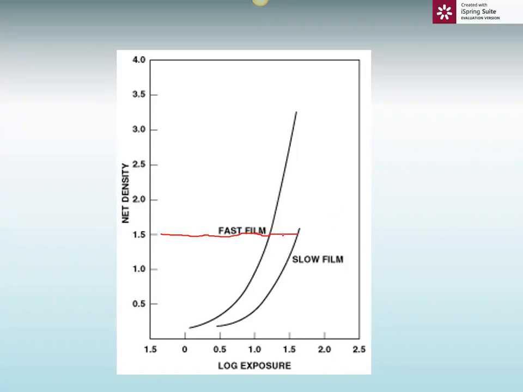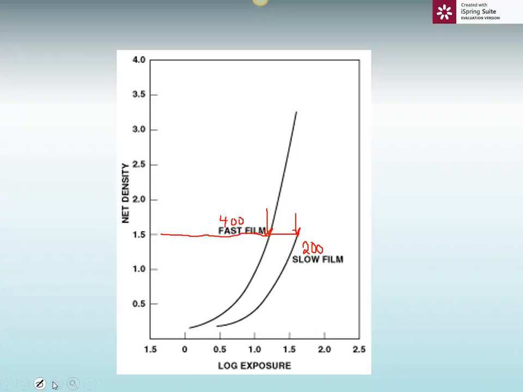As a consequence, you have to use more radiation to get the response from slow film than you do from fast film. Fast film, for example, we've already talked about speed, might be a 400 speed film. Slow film, or at least slower, might be 200 speed.